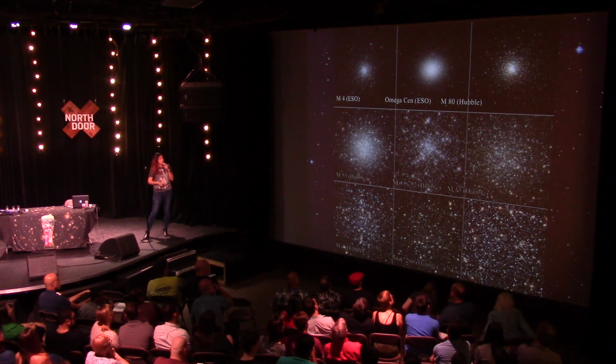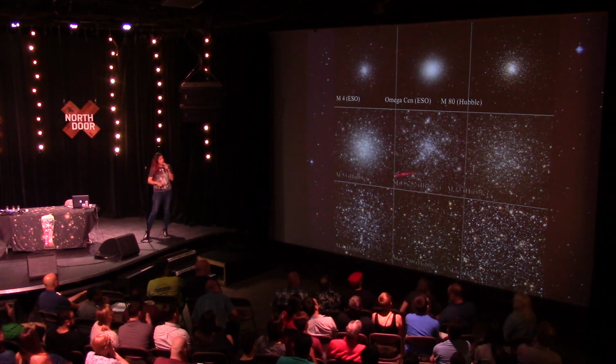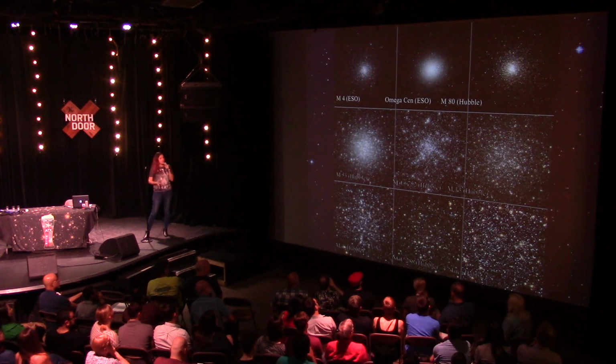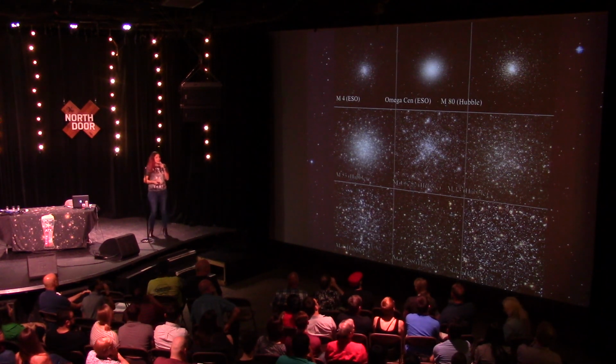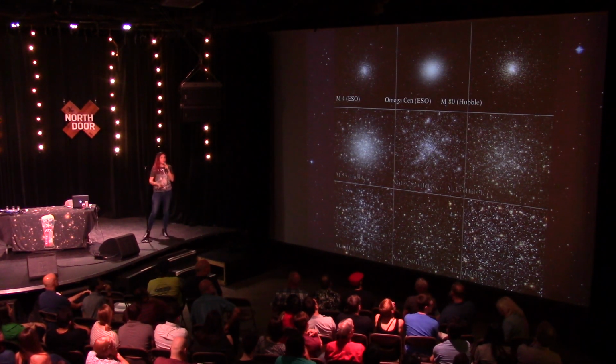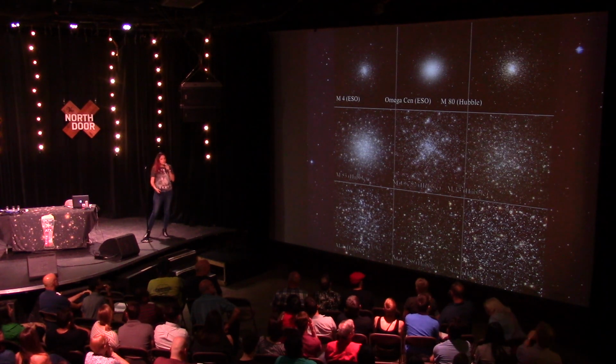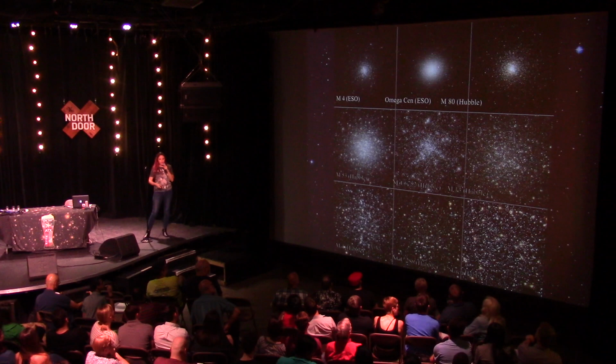You can see that they are very, very crowded. As a matter of fact, globular clusters have from hundreds of thousands to millions of stars in this globe of stars.